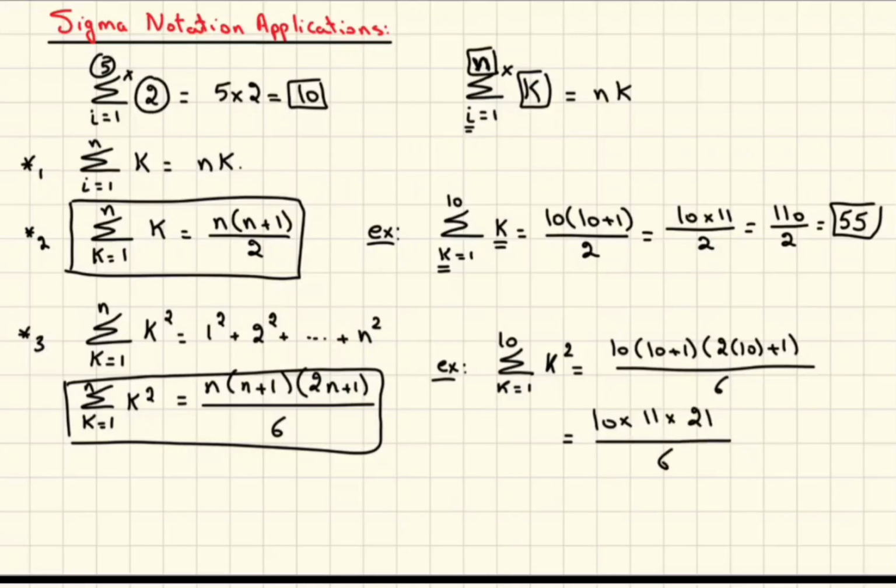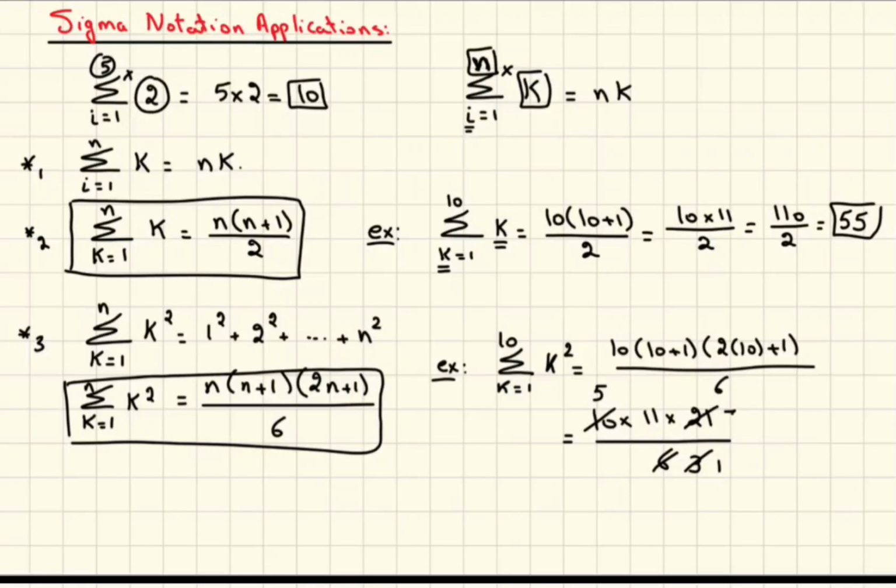Now remember, I don't have a calculator, so it's better to check if we can simplify. If I divide 6 by 2, I will get 3, and if I divide the 10 by 2, I will get 5. So divide 6 and 10 both by 2, you get 3 and 5. Then I look at 21 and 3. I can notice that we can divide by 3 here, we get 1.